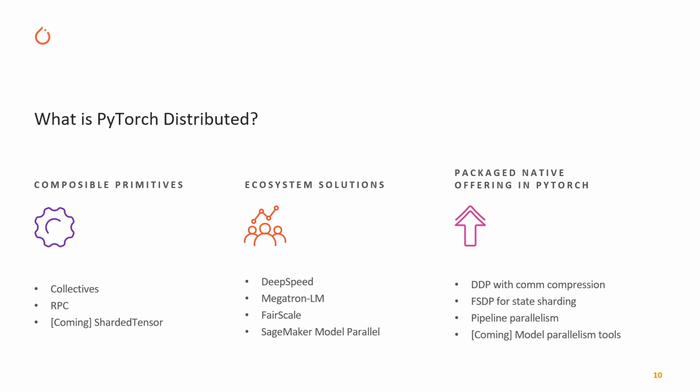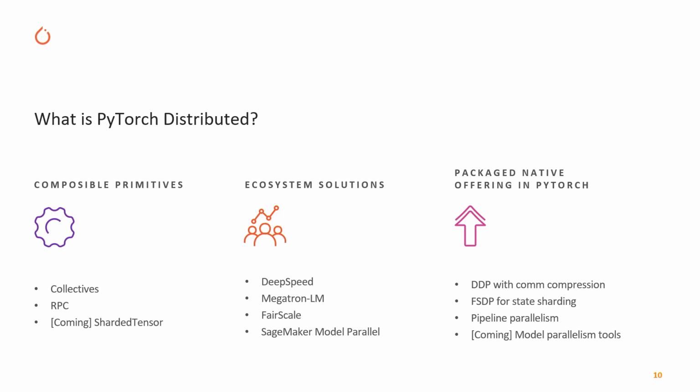The PyTorch Distributed stack provides features that facilitate training models in distributed systems. It includes a number of composable primitives like the communication collectives, the remote procedure calls for distributed model parallel training, and we are soon adding support for sharded tensors.